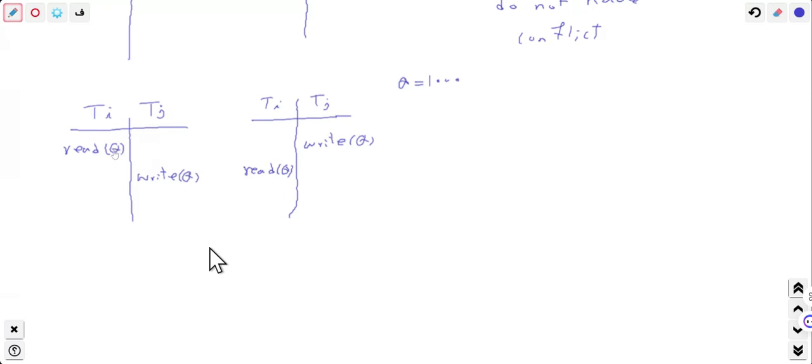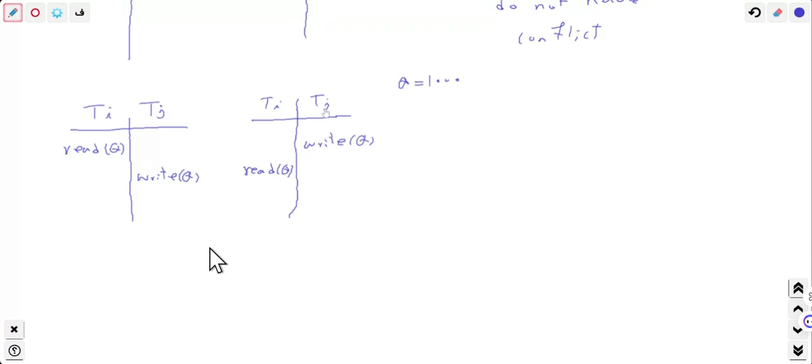Here, suppose Ti just needs to read Q and Tj just wants to write Q. Suppose the value of Q at first is 1000. On the left side, Ti reads Q. What value does it read? 1000. But on the right side, because Tj writes Q, the value of Q in the database is the value that Tj has written. So when Ti reads Q, the value it reads is not 1000.